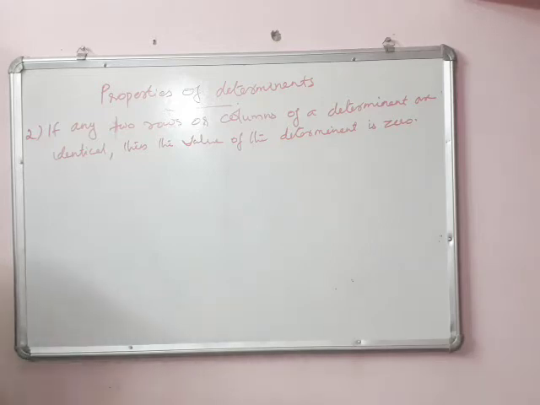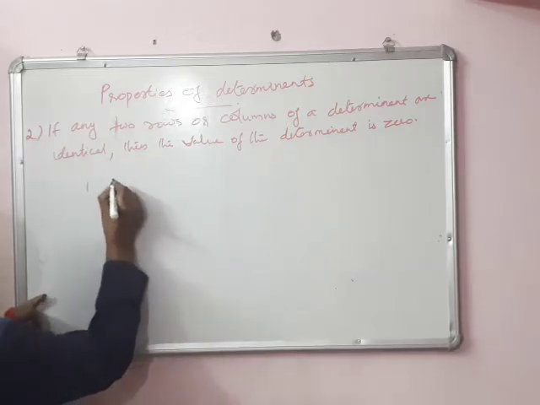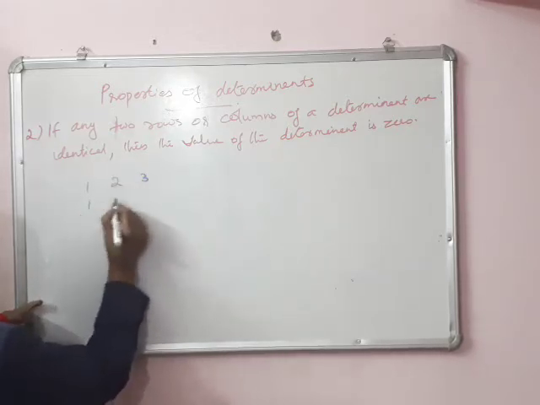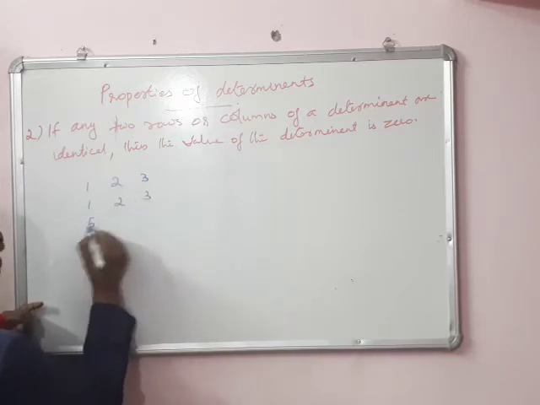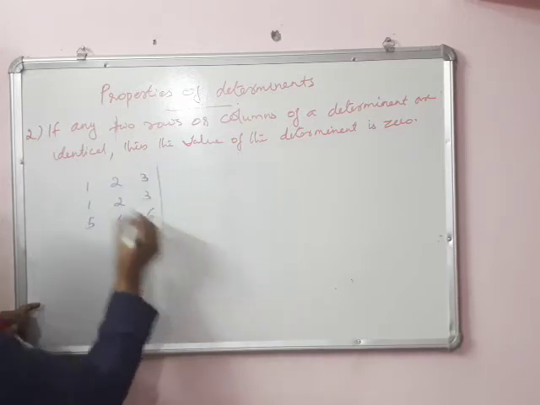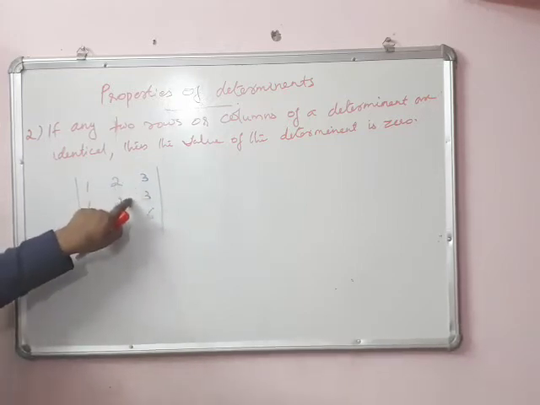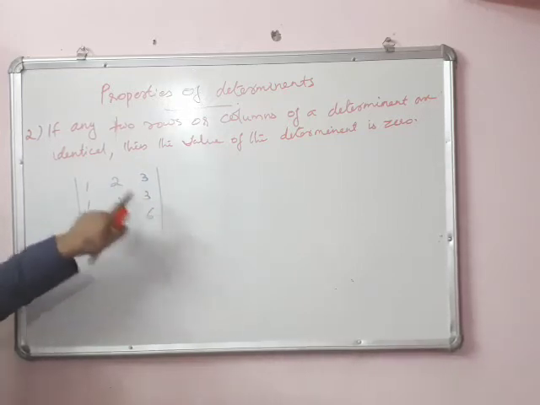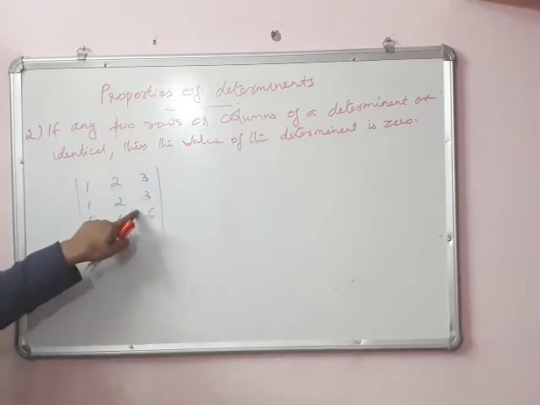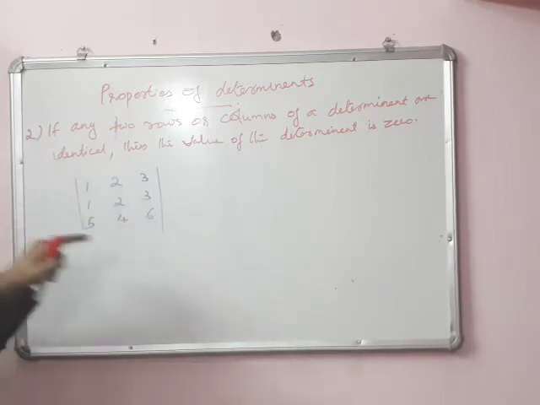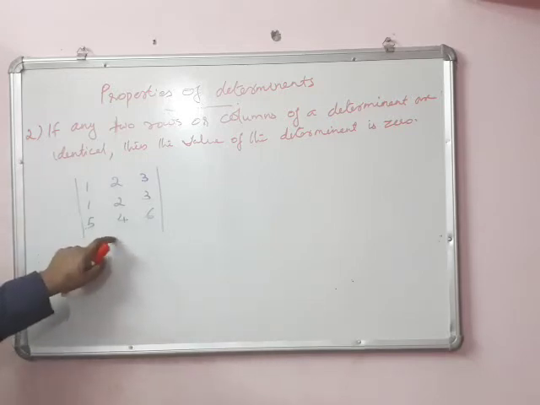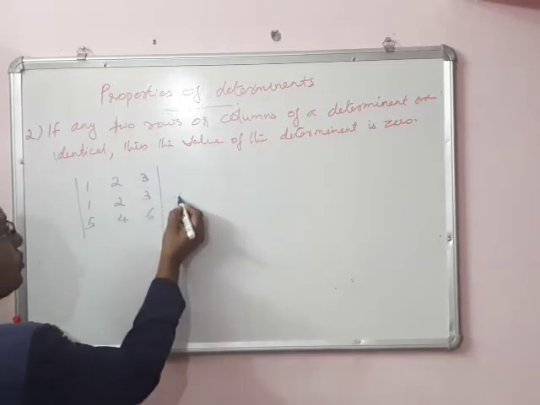Identical means, for example, suppose 1, 2, 3, 1, 2, 3, 5, 4, 6. Here you see two rows are identical. So the result of this, without calculating or finding the determinant, we can identify is equal to 0.